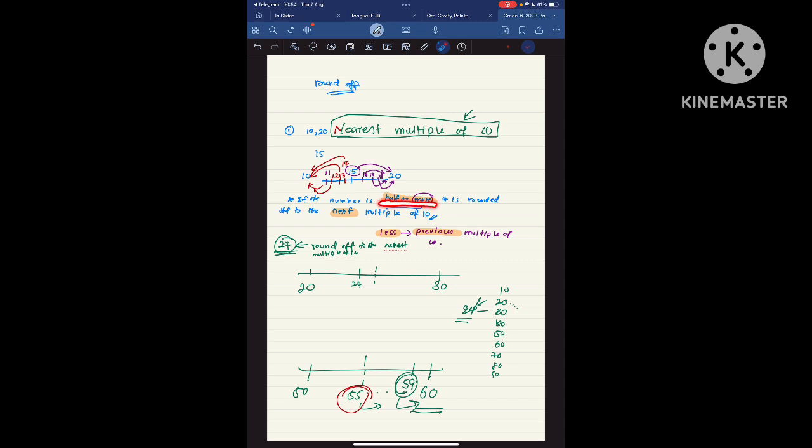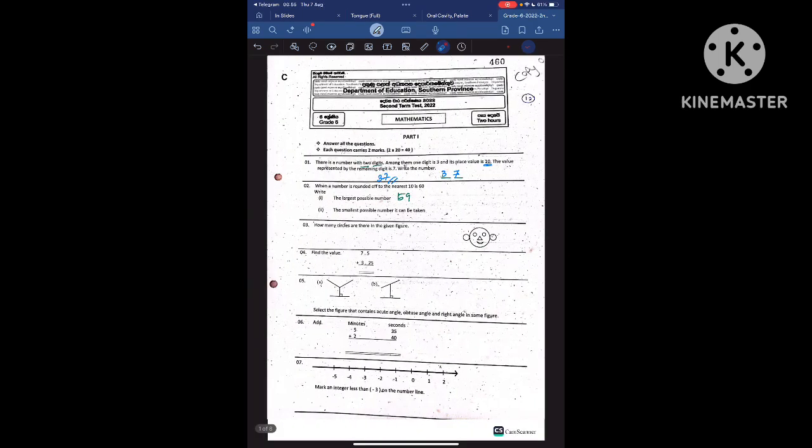If it is half or more, it goes to the next. Half or more, which means the least one is half. The smallest number that we can take is the half, which means 55 is the smallest number. So here we can write 55.